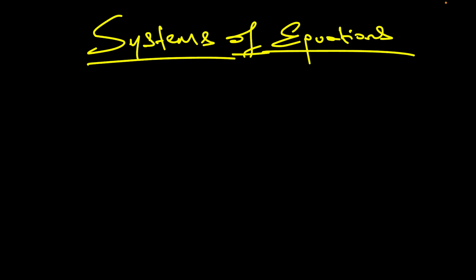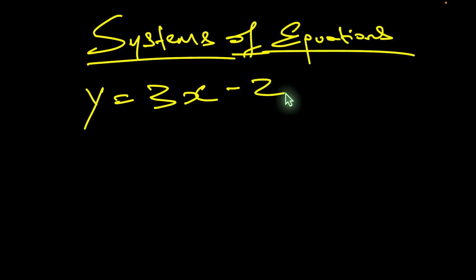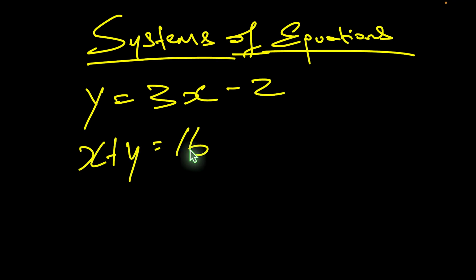So let's say in this instance we have y equals 3x minus 2, and we have x plus y equals 16, and we need to solve these two. Now, yes, I know it looks as if it's complicated, but as I've said to you before, algebra is actually very simple, and I'm going to prove that to you with this one here now.